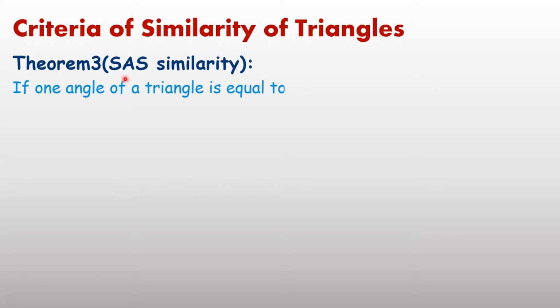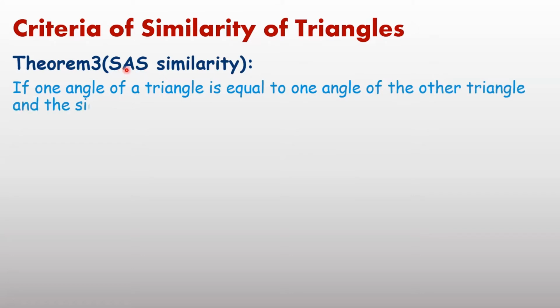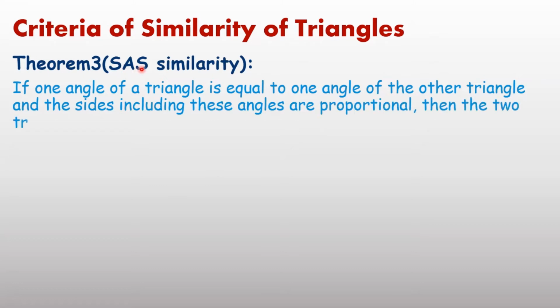As written here, SAS means two sides and the angle included between these two sides. Our angle is between these two sides. Whenever there are two sides having a common vertex, the angle at that common vertex, the angle formed by these two sides, we will consider.